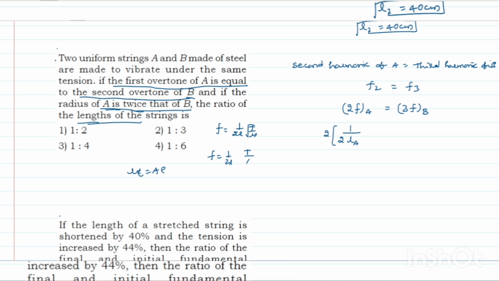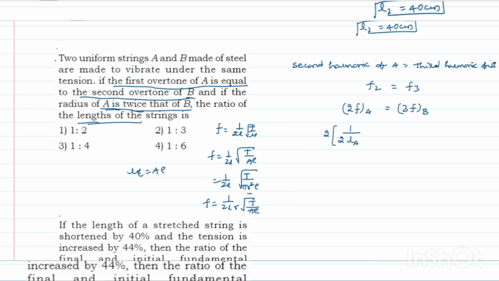So it is 1 by 2L into root over T by A rho, where A is pi r square, into rho. So taking r square outside, F equals 1 by 2 into L into r into root over T by pi into rho.